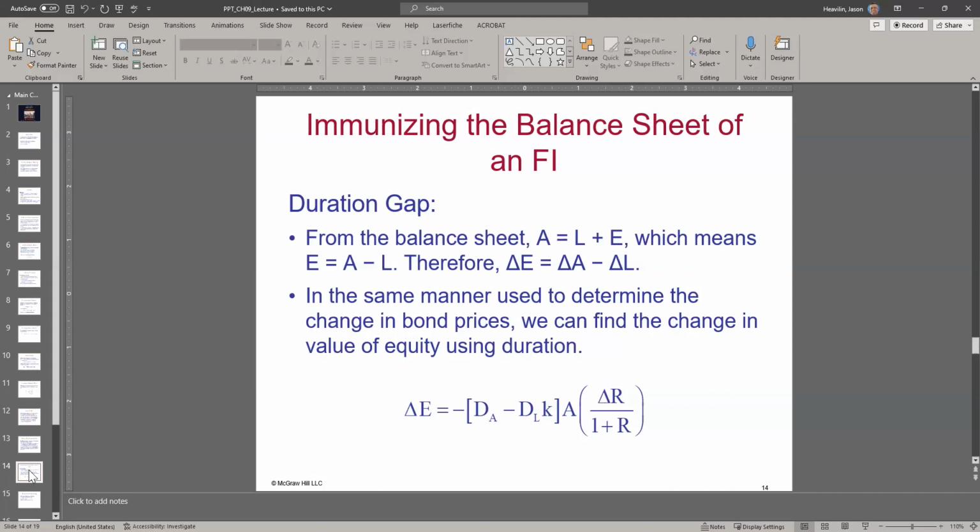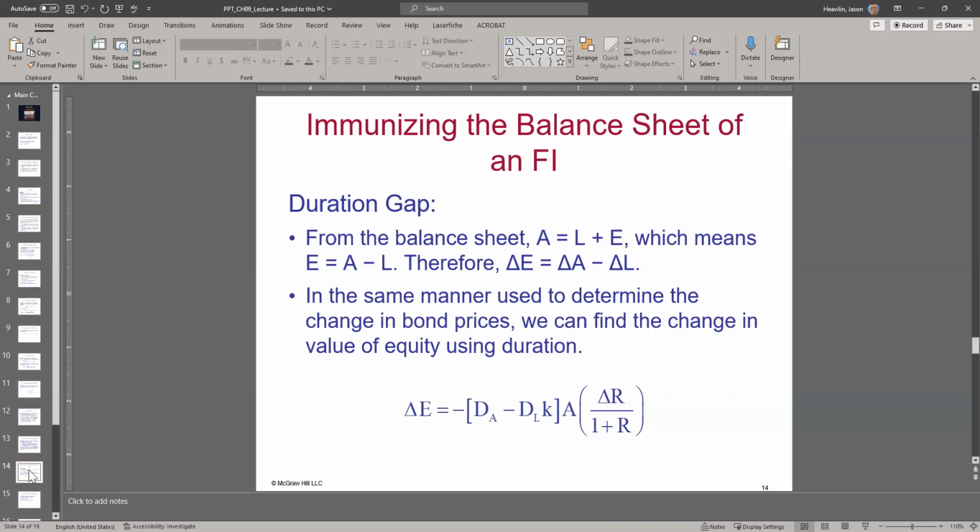How does my equity change according to changes in my assets and liabilities? If my assets and liabilities go through the same changes, then my equity will not have a negative impact.